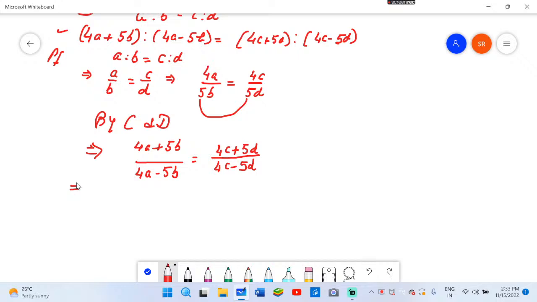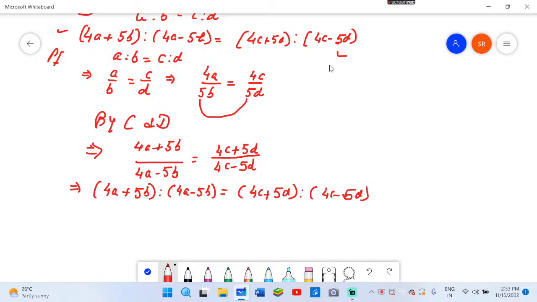And this I can write in the ratio form as 4A plus 5B is to 4A minus 5B equal to 4C plus 5D is to 4C minus 5D. And this is what we wanted to prove. Yeah, proved.